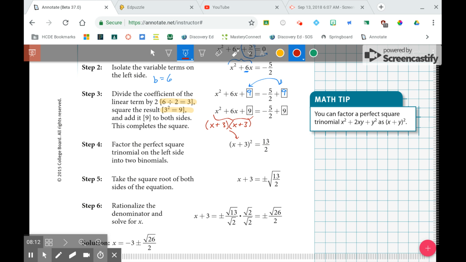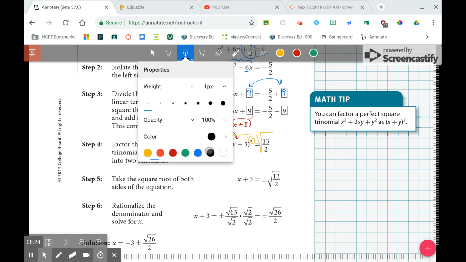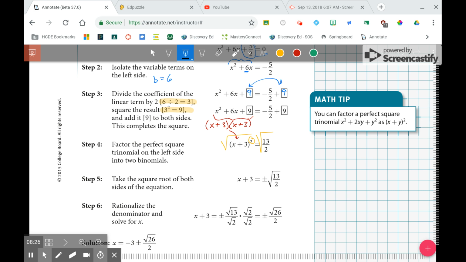And now we can use our solving skills that we have practiced to solve this. We can take the square root of both sides to undo that exponent. So now we have x plus 3 equals plus or minus square root of 13 over 2.